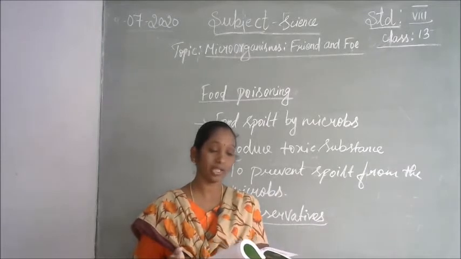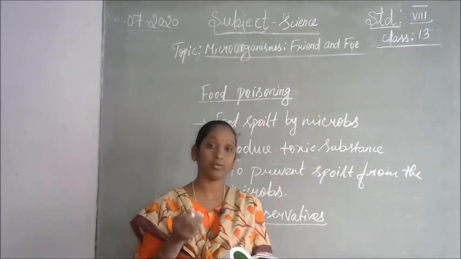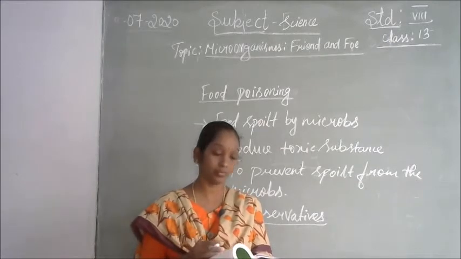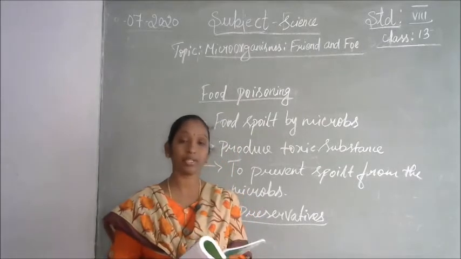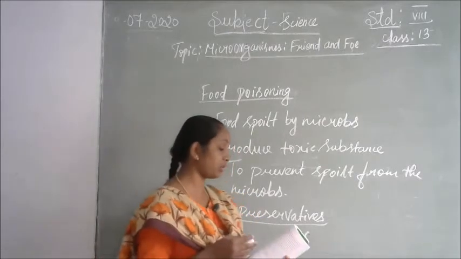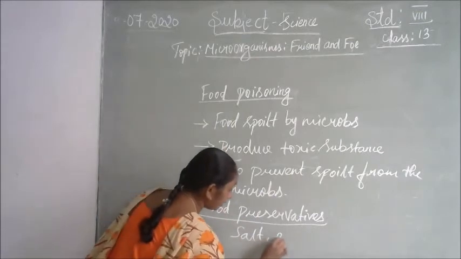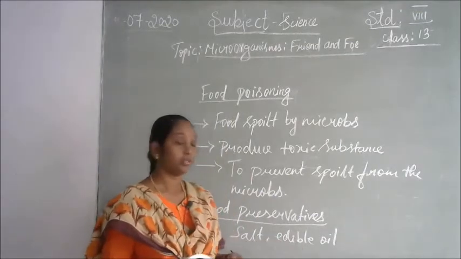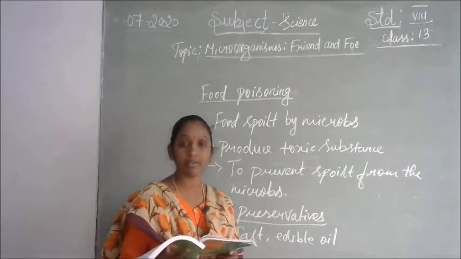Checking the growth of microorganisms means preventing them. If you add salt and edible oils to food items, microbes will not enter. Therefore, they are called preservatives. So in chemicals, salt and edible oil are the most suitable preservatives for food.